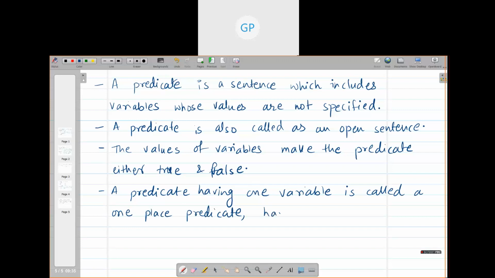Having two variables, a two place predicate, and so on. That means if you have three variables, you will call it a three place predicate, four place predicate, and so on.